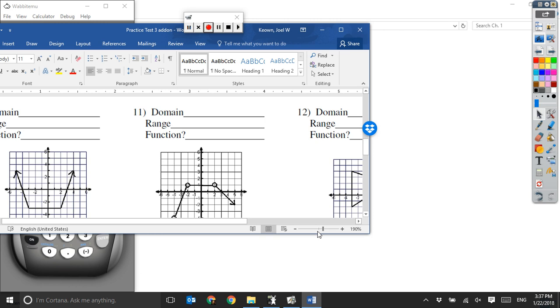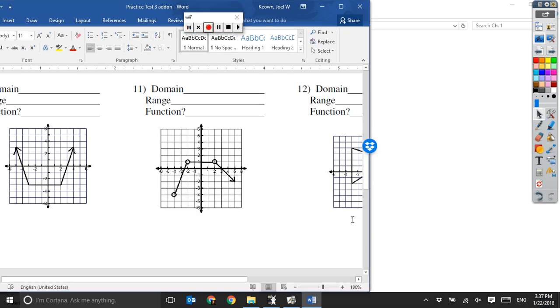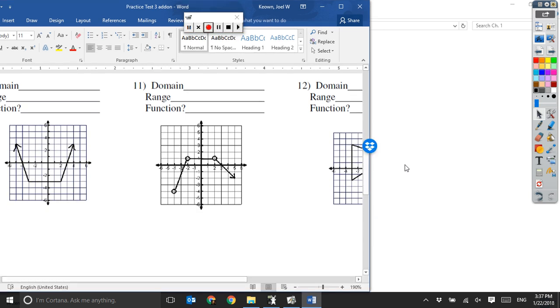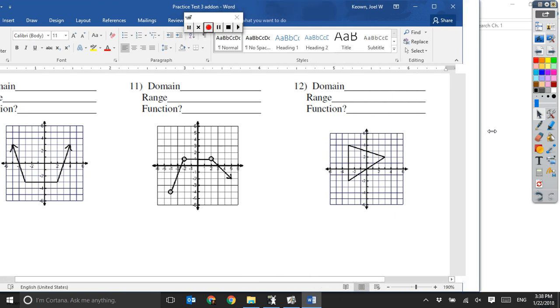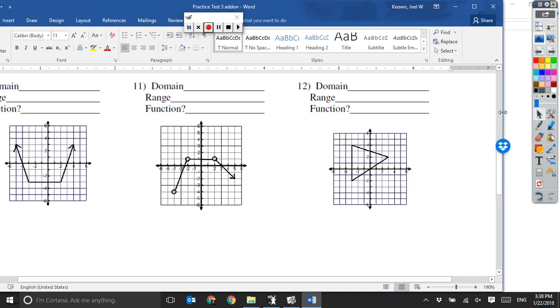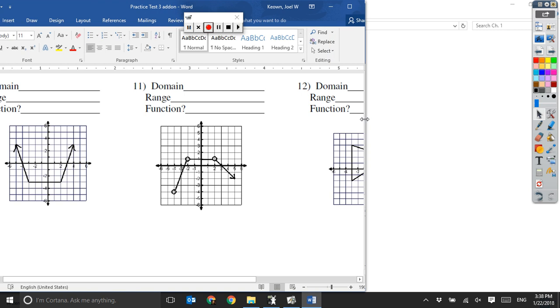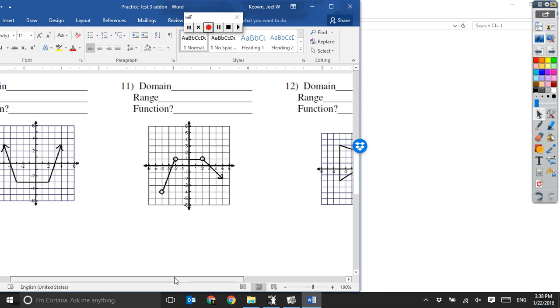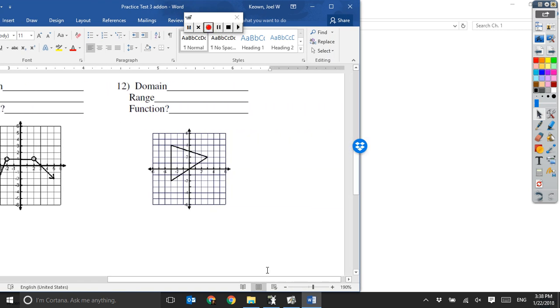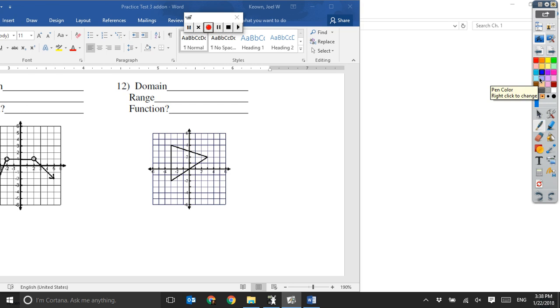Bring this over here a little bit just so I can reach this third graph. Alright, so domain again, left and right. The farthest left it goes is right here, which is -3.